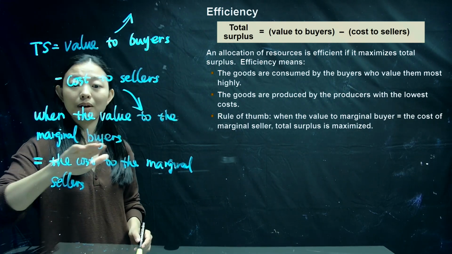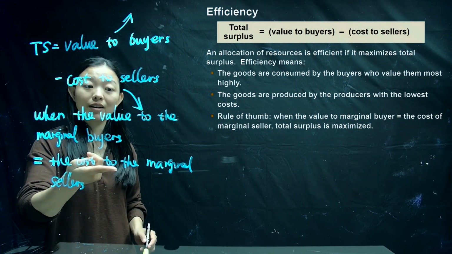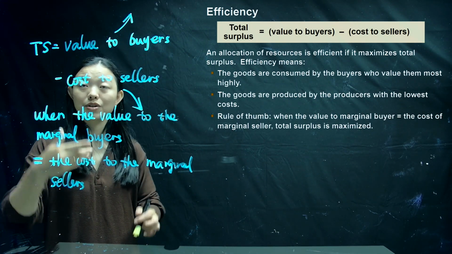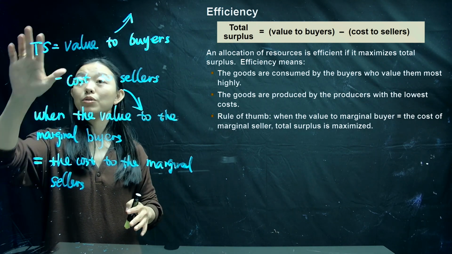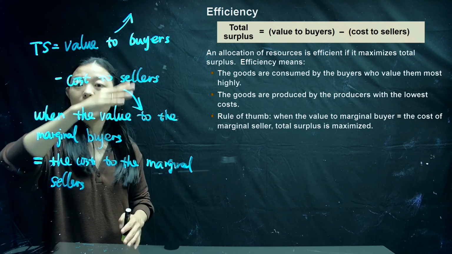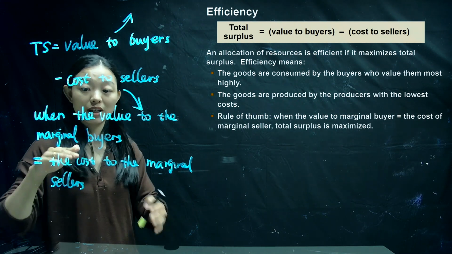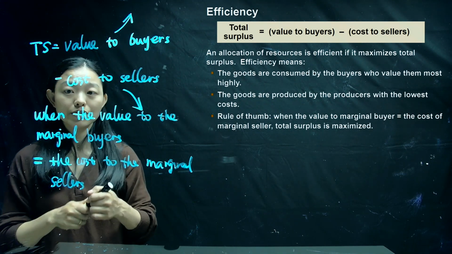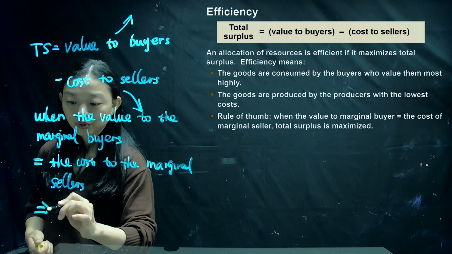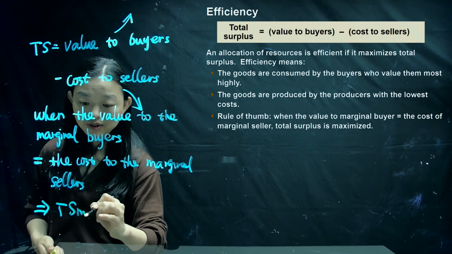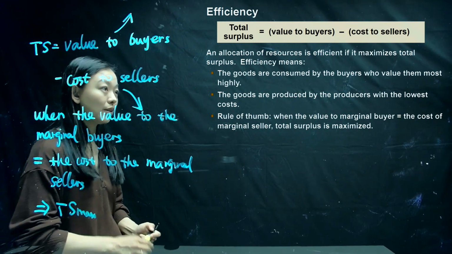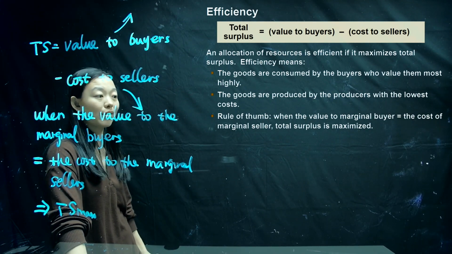If the value to the marginal buyers is still higher than the cost to the marginal sellers, then the total surplus can still increase, until the value to the marginal buyers equals the cost to the marginal sellers, and then we get the total surplus maximized. Okay, so this is the rule of thumb.